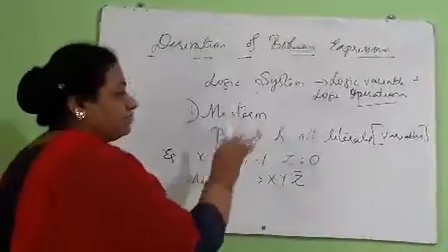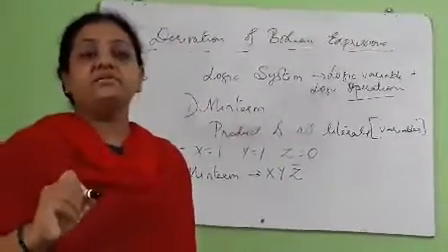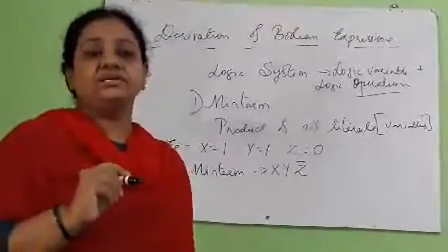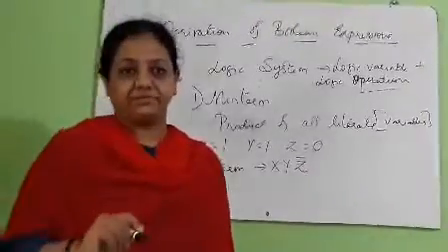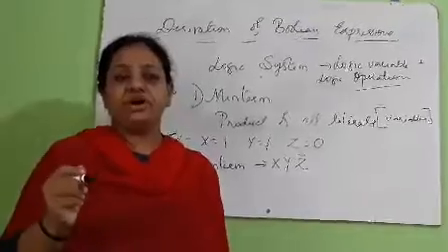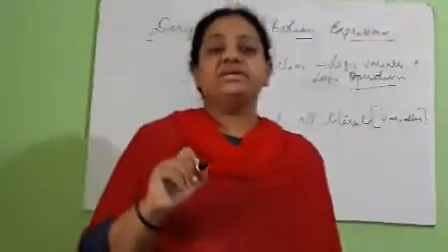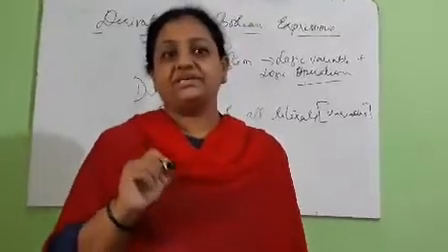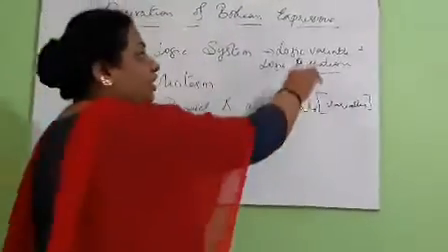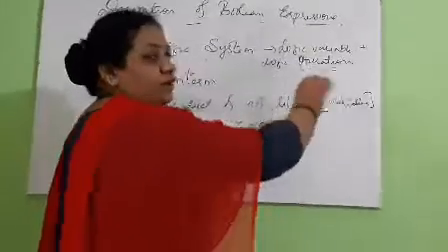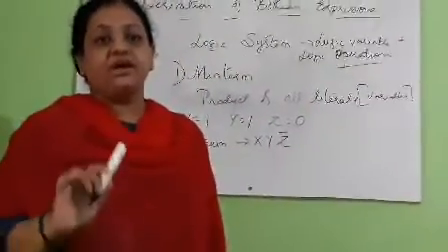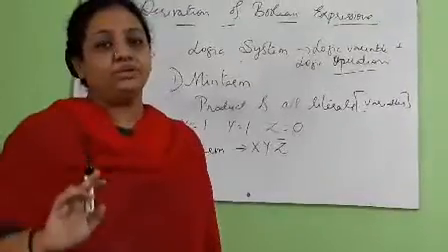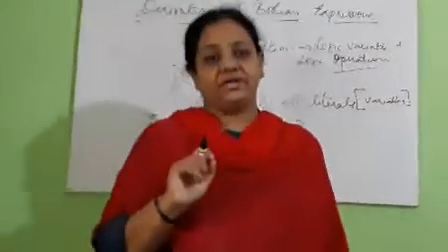So minterm is a type of expression used in Boolean algebra. Till now you have studied Boolean expression. A Boolean expression is a combination of logic variables and logic operations. By this time you must know what a logic variable is.